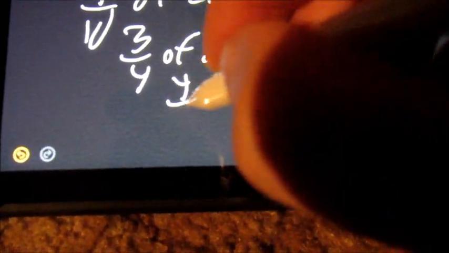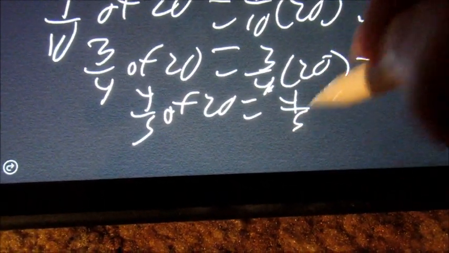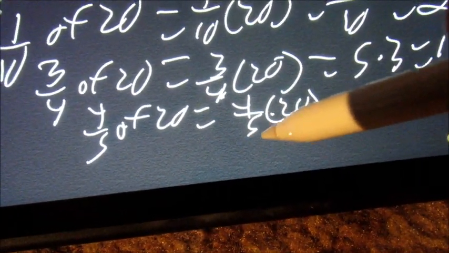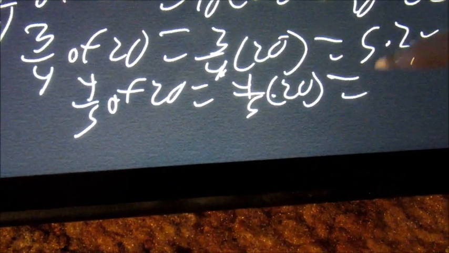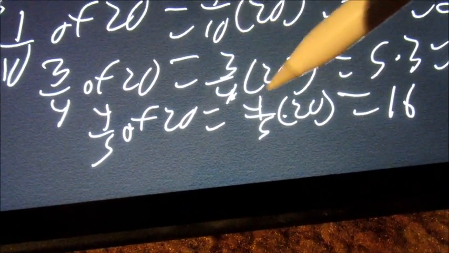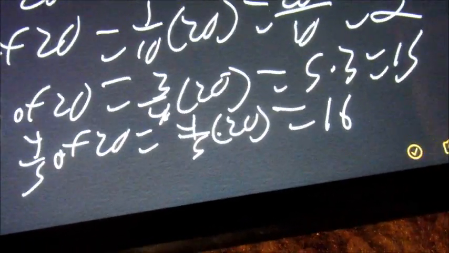And then let's say we have 4/5 of 20. That's 4/5 times 20. 20 divided by 5 is 4, times 4 equals 16. Again, I could have said 4 times 20, which is 80, and then divided by 5, which is 16.